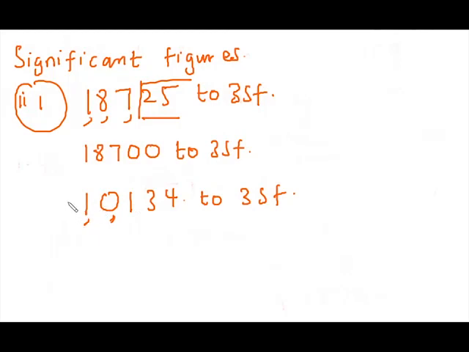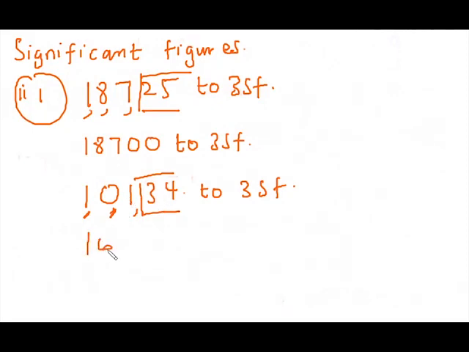Assuming it was elsewhere, we would not count it, but here we have to count it. So this is 1, 2, 3, and then the rest have to be eliminated or turned to zeros. Before that is done, this one is rounded down to 0 and then added to this one, so this becomes 10100 to 3 significant figures.